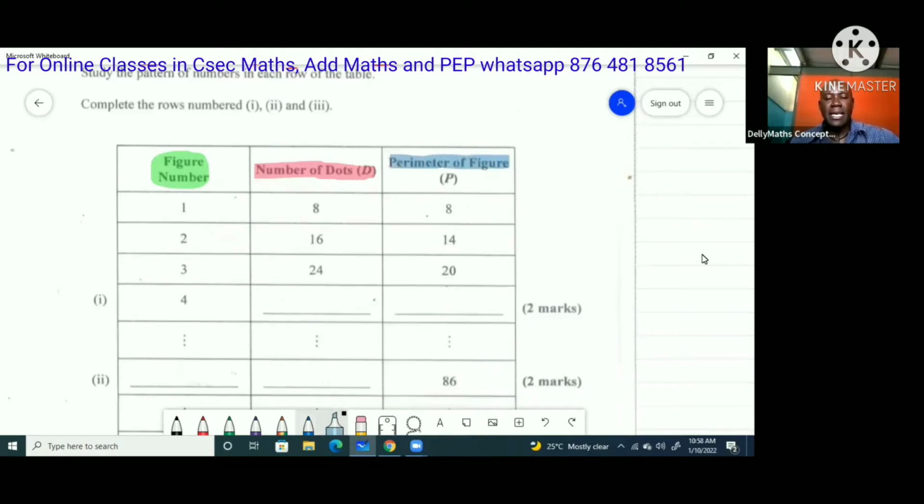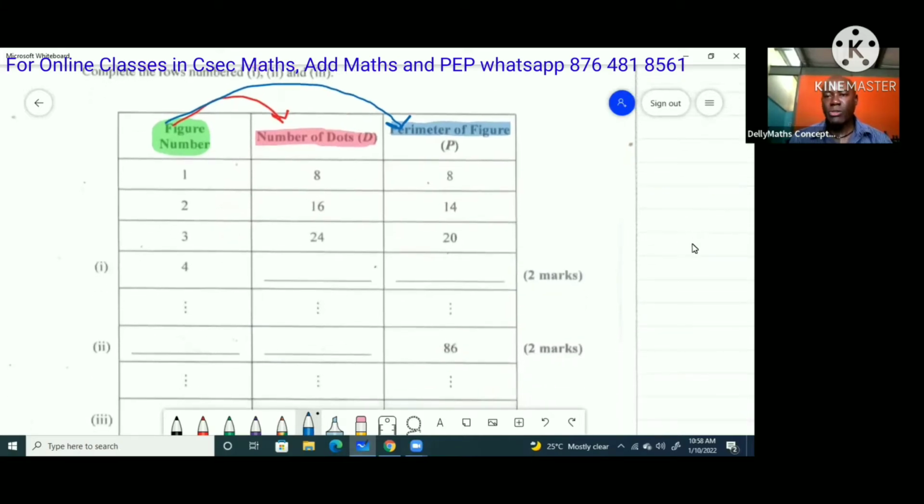So there is this direct link from column 1 to column 2, and there is definitely this direct link from column 1 again to column 3. So if you observe those, you can pick up the pattern quickly. We're not going to use any common difference and so forth going down. We're not going to use any AP because that is not on the CXC syllabus, that is in AdMath. But I don't think they'll crucify you if you use it. But let us observe quickly.